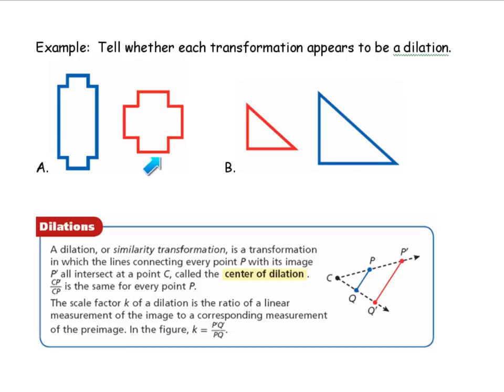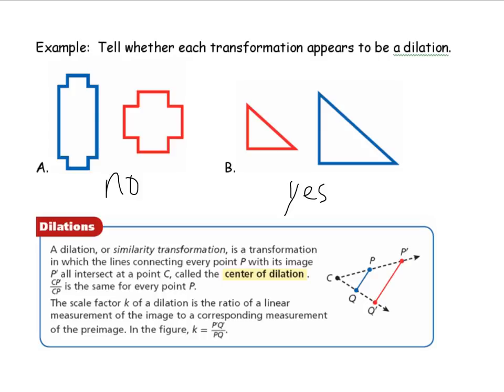Do they look to be the same exact shape? Absolutely not. So this is not a dilation from one to the other. But if I look at B, yeah, we would say this is indeed a dilation because from the red to the blue, they maintain the same exact shape. However, they are definitely not the same size. So this one is, yes, a dilation.